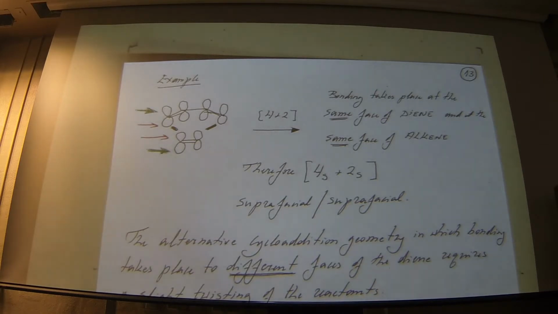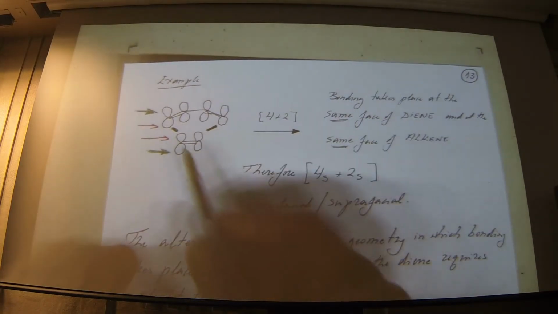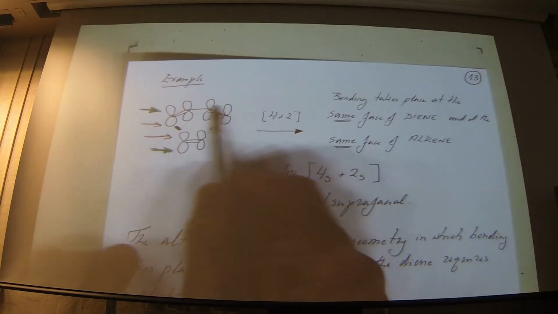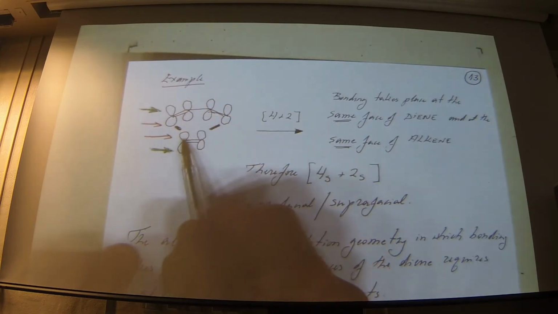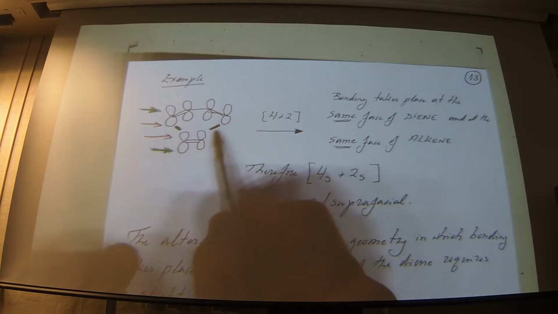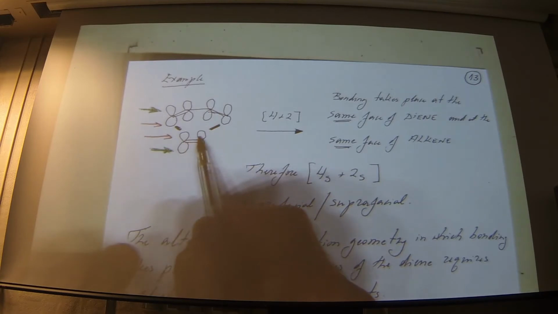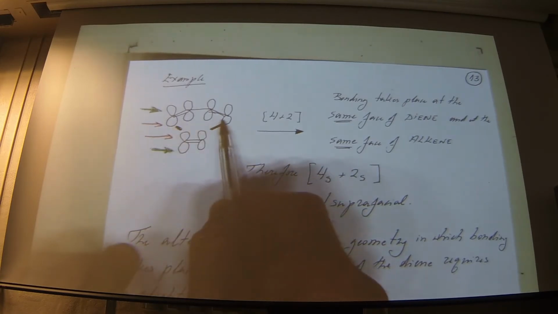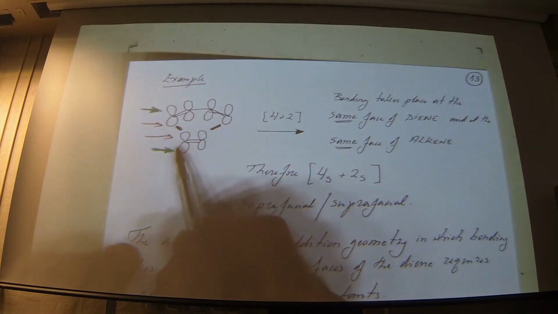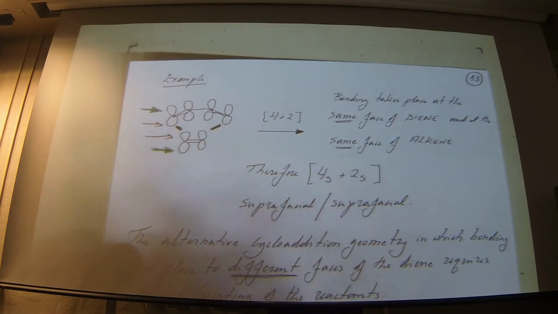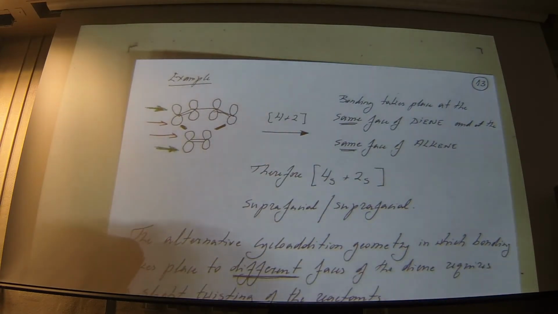But let's just look at the pi molecular orbitals, and I've shown these as individual 2p atomic orbitals for butadiene and an alkene. And so if I form the bonds here as shown, then it's the same face of the dienophile. It's the same face of the diene. So this would be a suprafacial addition because it is the same face of the diene, same face of the dienophile.